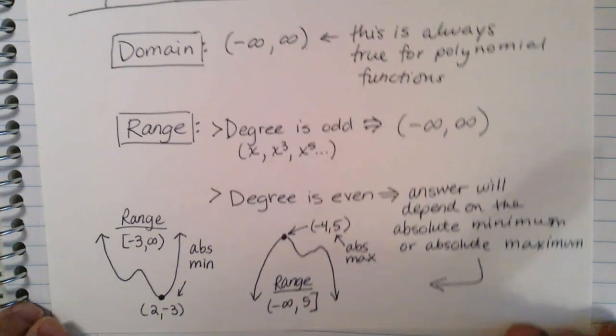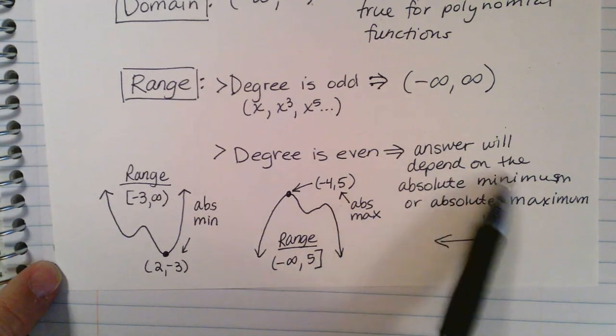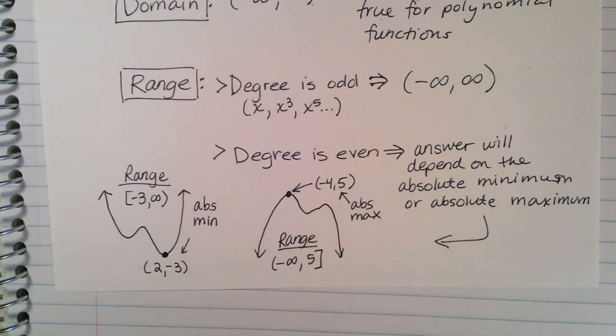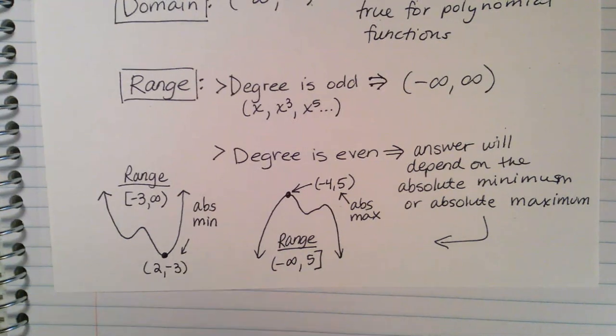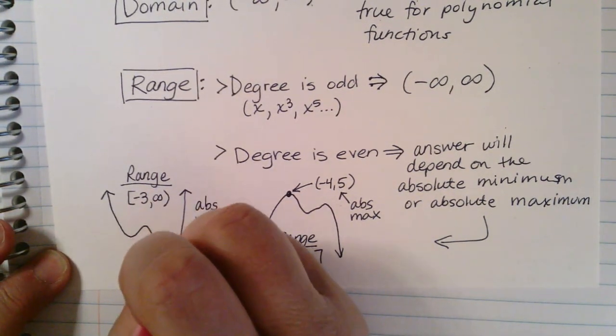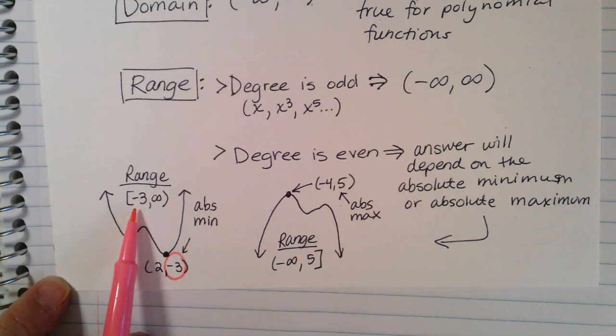It's when the degree is even that the range is special. That's when the answer will depend on your absolute minimum or your absolute maximum. And in this particular case over here, I have an absolute minimum. So I look at this number, this y value, is the absolute minimum. So that means the smallest y value you could ever have in this function is negative 3.